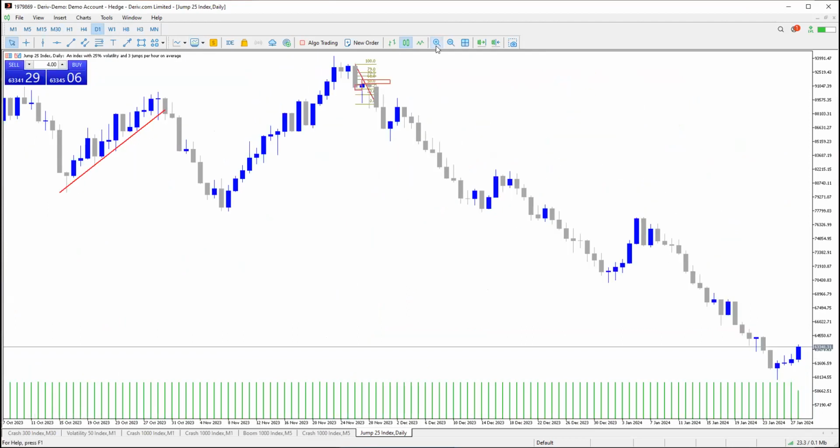In this example that I'm going to be showing you, we see that we have Jump 25. Jump 25 is selling from a daily perspective, right? Meaning more of my bias is going to be leaning towards that sell.